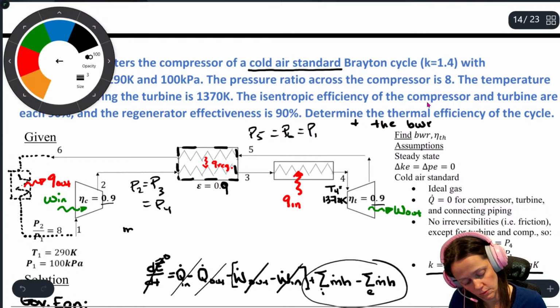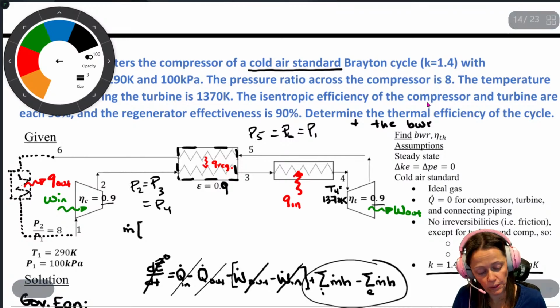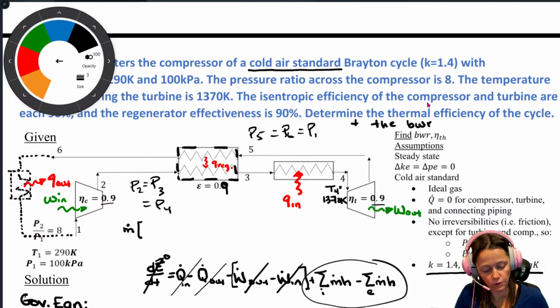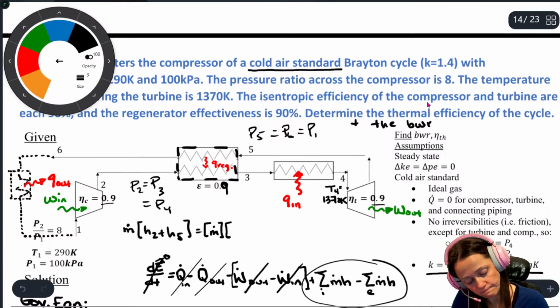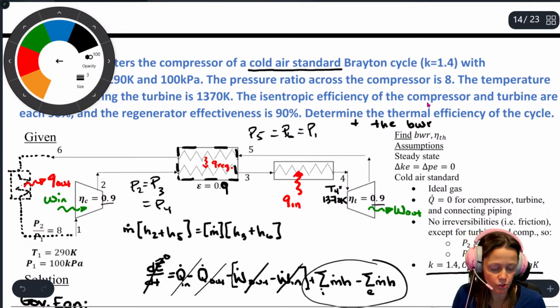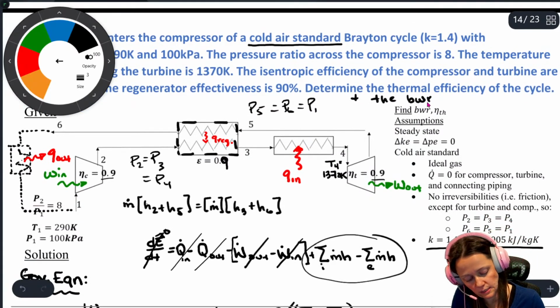The sum of the stuff going in equals the sum of the stuff going out. So going in, you've got H2, H5, and going out, you've got H3, H6. You could put those in terms of CP delta T's.